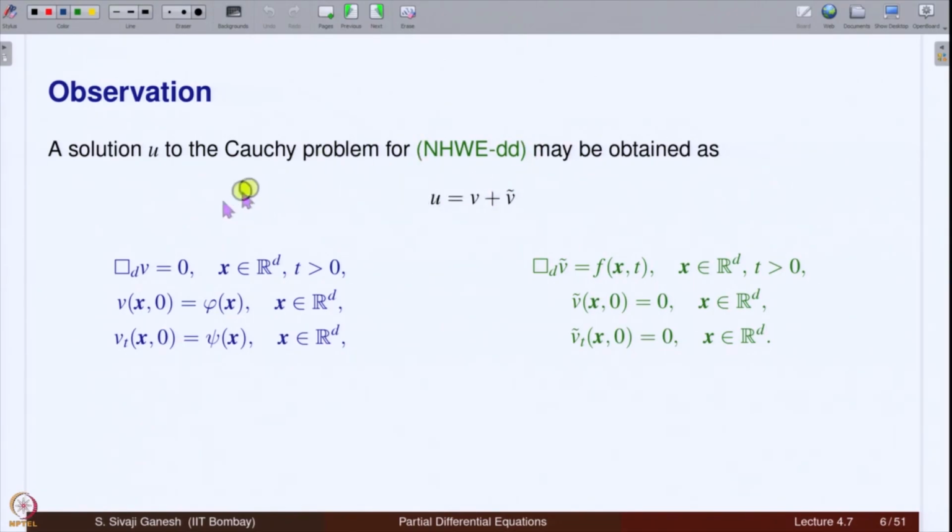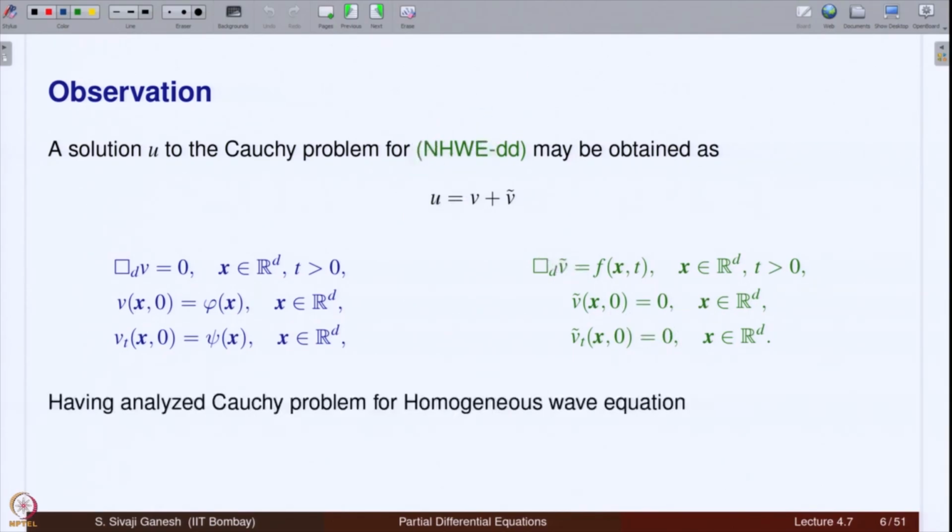And recall that we have already analyzed the homogeneous wave equation and the Cauchy problem for it. Therefore, it is enough that we know how to solve this problem, then we know how to solve the non-homogeneous Cauchy problem for the wave equation.